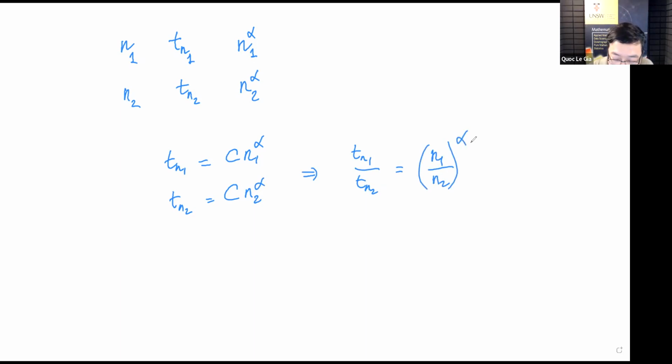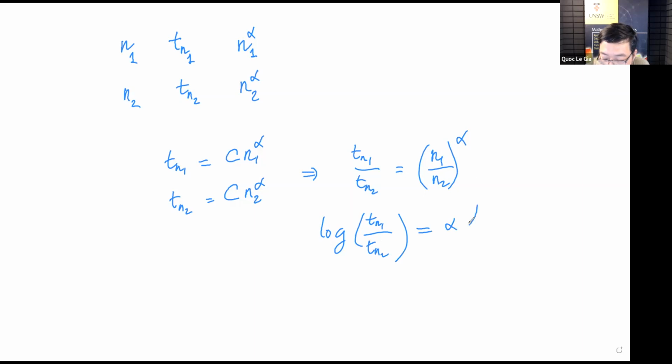And then I take a logarithm, any logarithm is okay. In MATLAB, if you write log, it's a natural log. If you want log base 10, then you have to write log10.